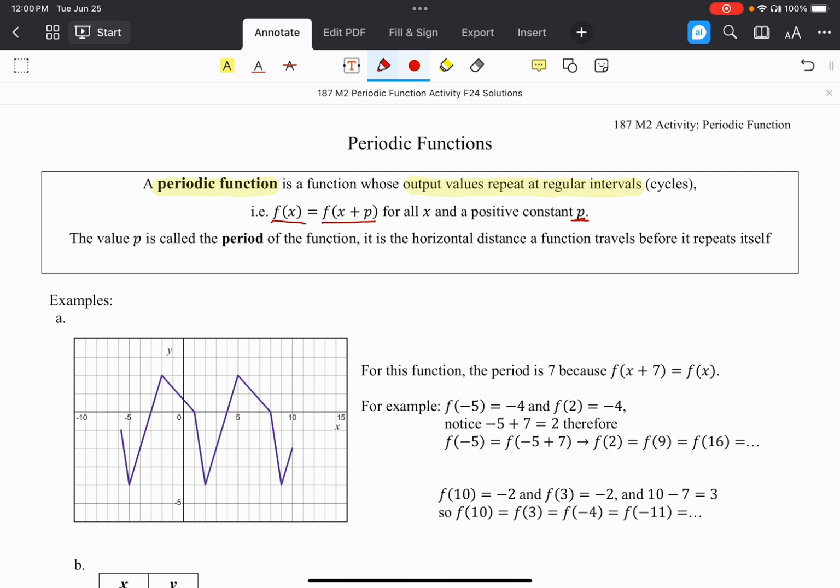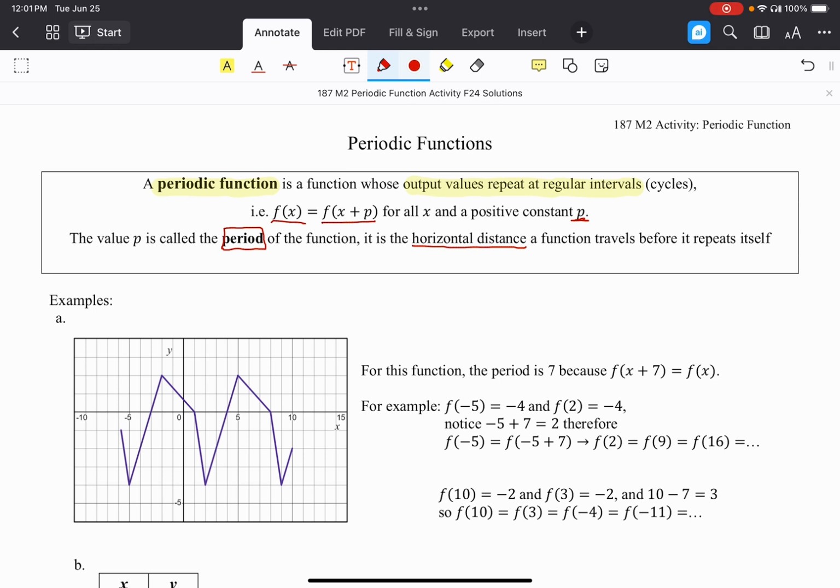Now, p gets a name, and that name is really important. It's our first key feature that makes a periodic function periodic, and it's the period. So we call p the period of the function. Basically, the period is the horizontal distance a function travels before it begins the cycle again. It repeats itself. Horizontal distance might be a weird way to think about it, but it's basically how many input values.